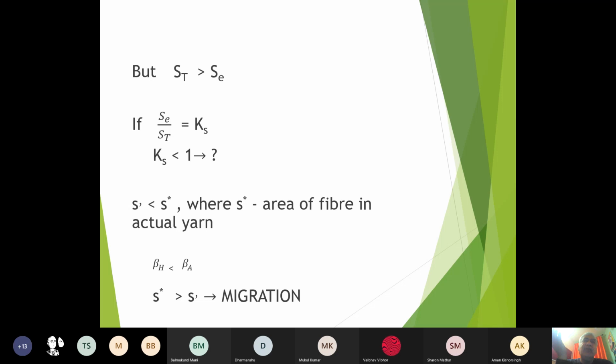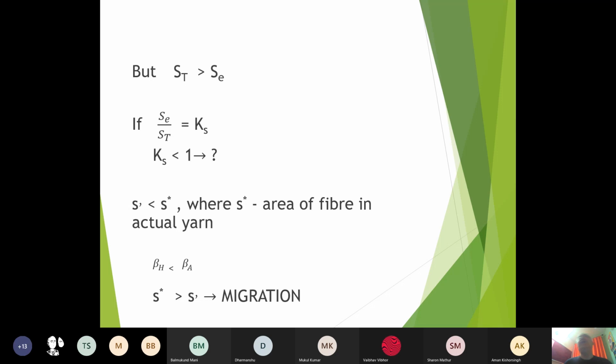Now see, an increase of SE could be due to an increase in the number of fibers in the yarn cross section, and at the same time an increase in the area of the individual fiber. But they are in contradiction. If the area of the individual fiber is increasing, the number of fibers in the yarn cross section is reducing. So you have to see what resultant combination we get, and on that basis the value of SE decides the ratio SE over ST, which I said is Ks, and Ks is always lesser than 1.